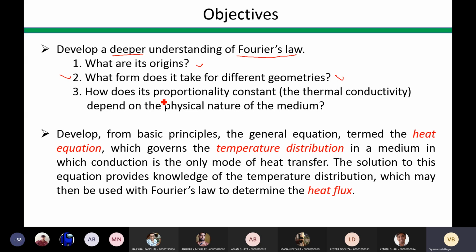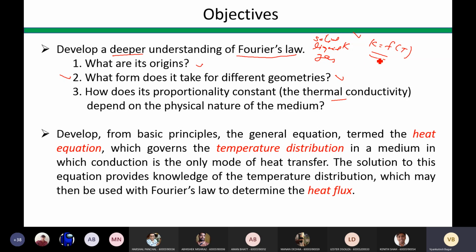Then the next one, how does its proportionality constant, thermal conductivity K, depend on the nature of the physical medium. Means if I have a solid, how this K varies, if I have a liquid or a gas, or whether K depends on temperature.